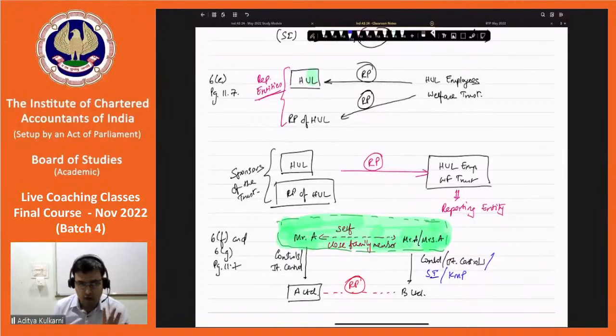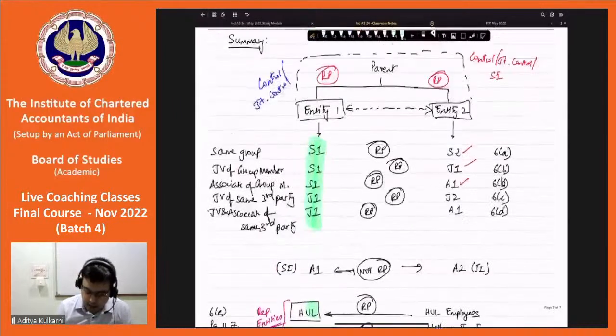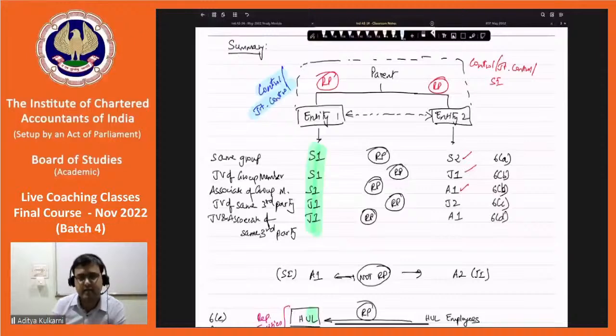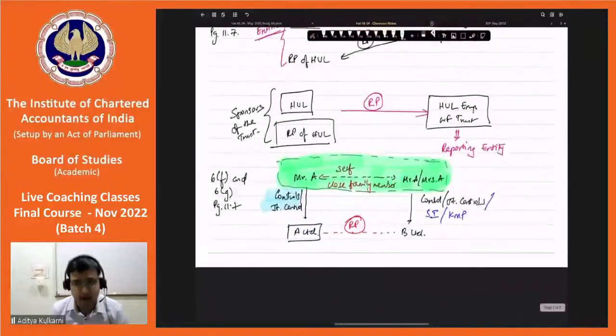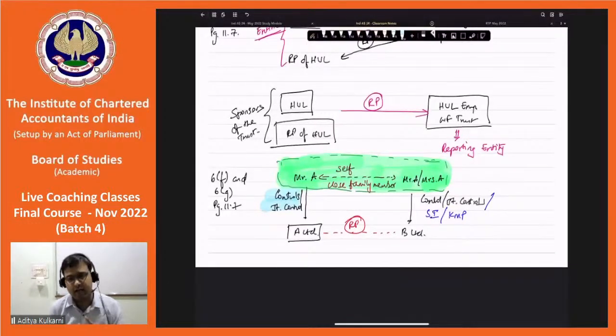What is important is Mr. A on one leg should control. Look at this. There is a control or a joint control, which is same like what I told here also. On one side, there should be control or joint control. On the other side, there could be control, joint control, or significant influence. Similarly here, on one side, there is a control or a joint control. On the other side, it could be anything. It could be control, joint control, significant influence, or even a KMP relationship. Okay. If that is the case, then A Limited and B Limited will be related to each other.